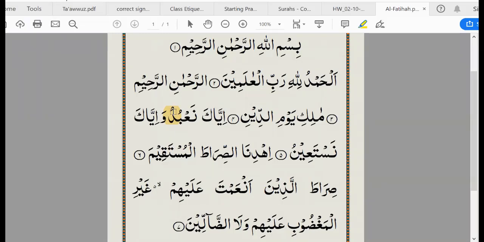It's not an inverted dhamma. So na'budu, not na'budu. I know that you were trying to beautify it as well, and it was really good. However, you must not compromise with the pronunciation. Does that make sense?